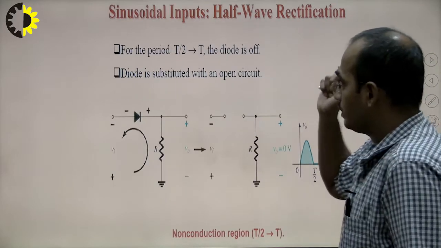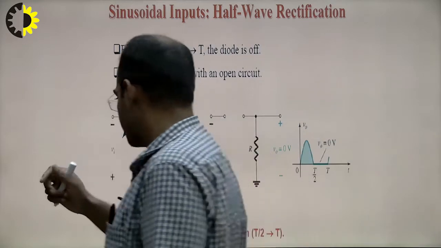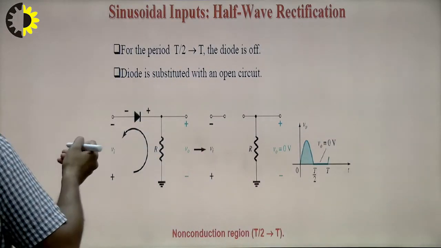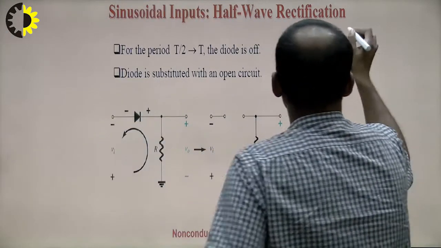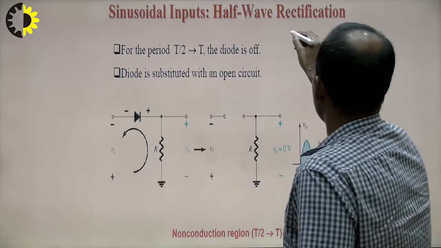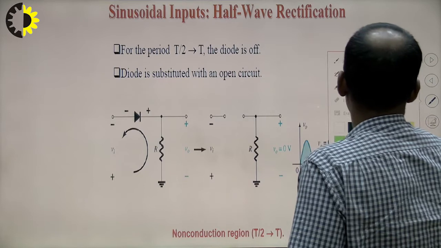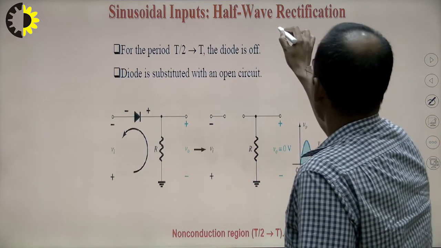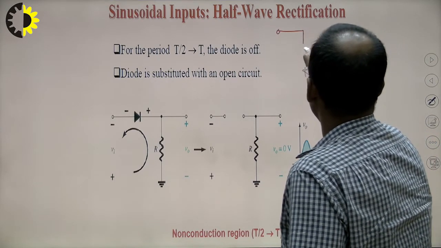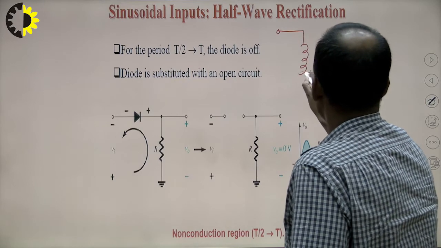So here the half wave rectifier circuit basically contains a step down transformer, and the input is applied. The circuit is like this.